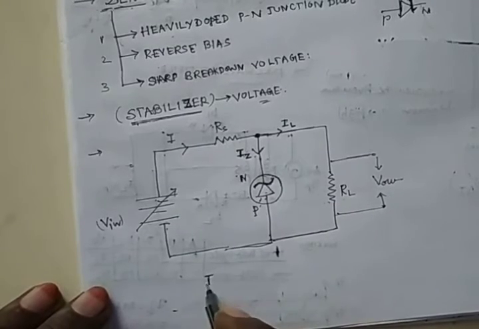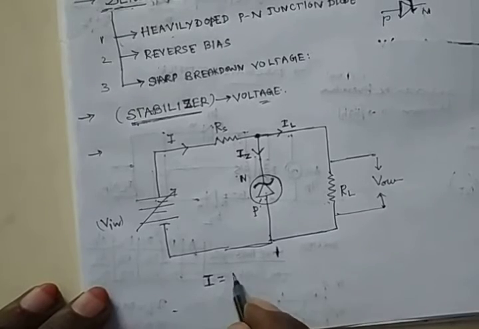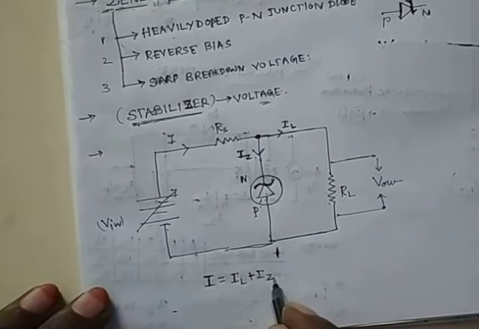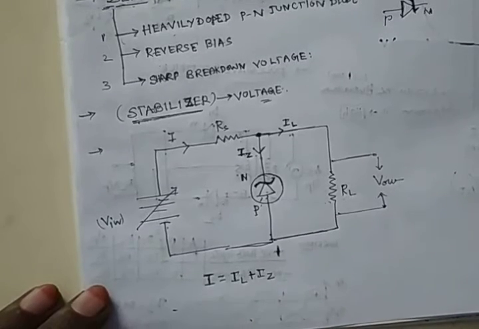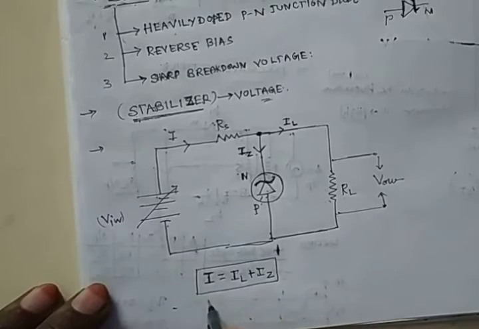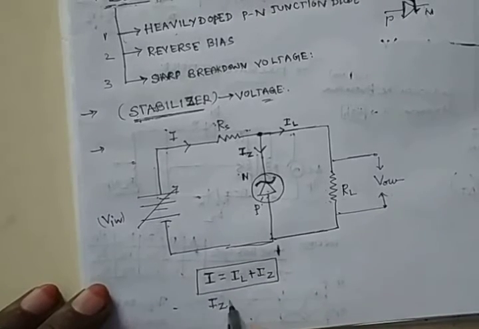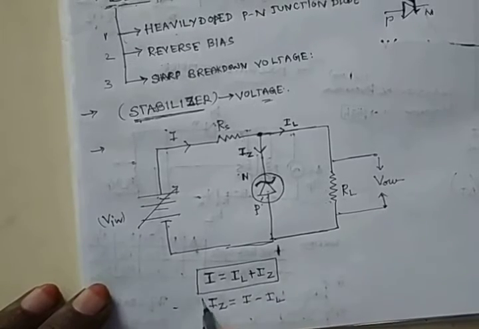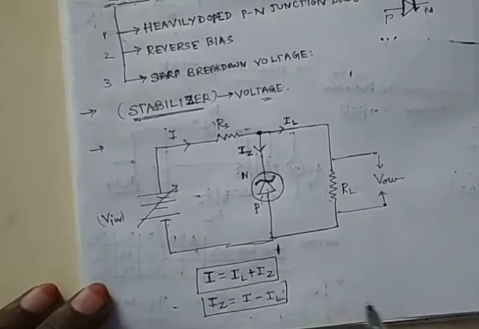The total current is the sum of the load current and Zener current. So to get the Zener current, we subtract like this: I minus IL.